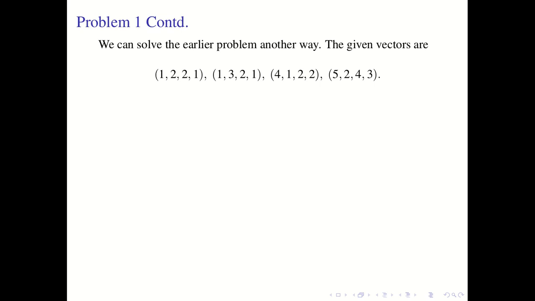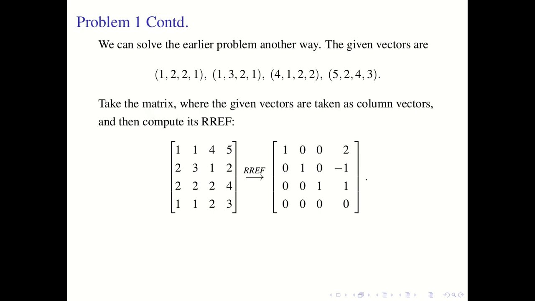The way where the vectors can be taken as column vectors. So rank, as we know, is equal to the number of linearly independent rows.